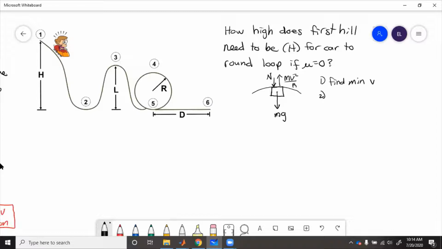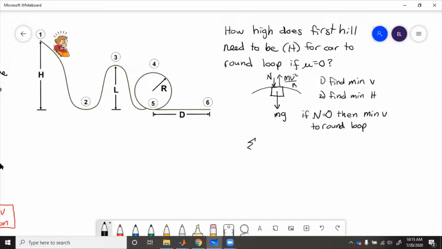And second, we can find that minimum height. So this is important: if normal force equals 0, then that is the minimum speed around the loop, because the faster the car is going, the harder it pushes into the track. If the track is no longer pushing on the car, it's going to fall.